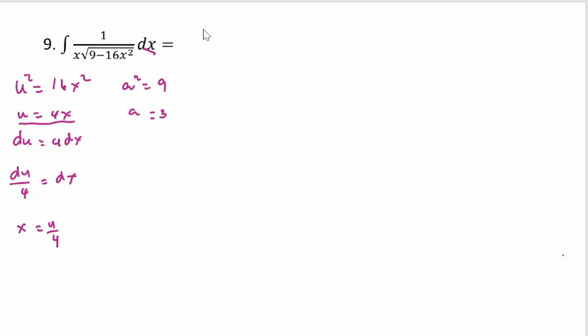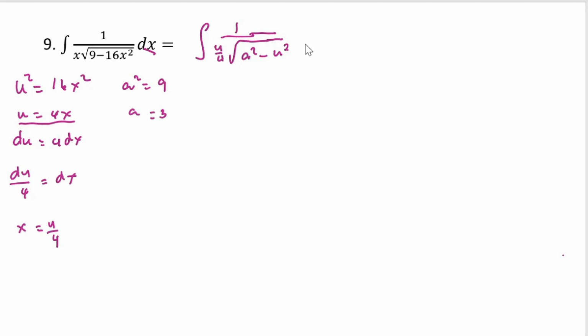Now, rewriting the given in terms of u and du, I can write 1 over, x now being u over 4, times the square root of 9, which means a squared, minus 16x squared, which means minus u squared.